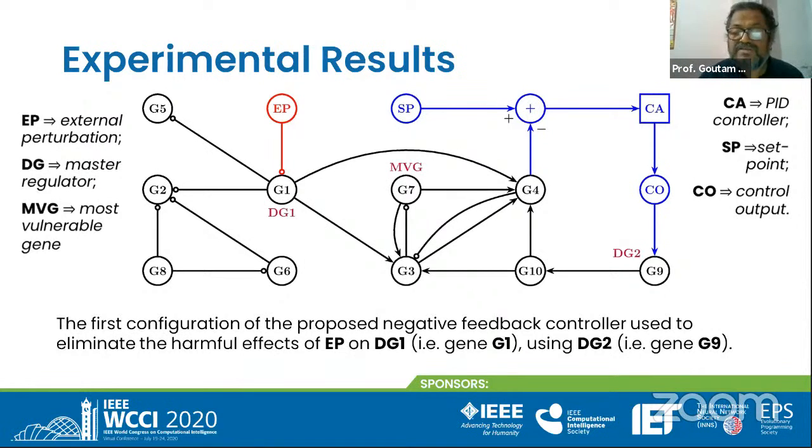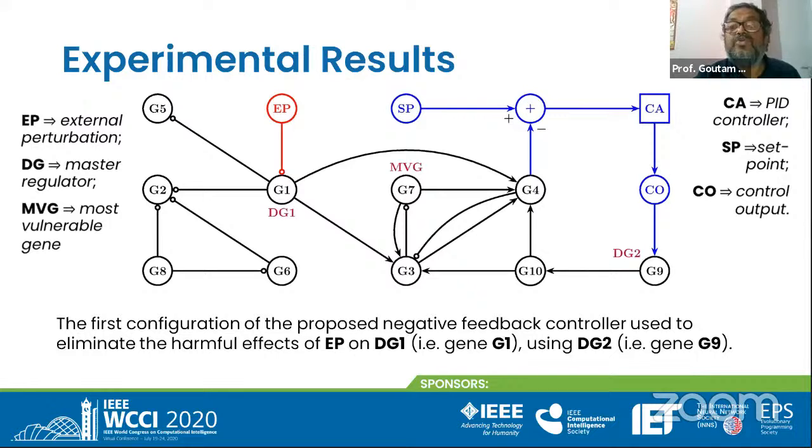The PID controller selects the amount of protein which should be injected into the blood so that G9 is disturbed. Got my point? It gives control action.